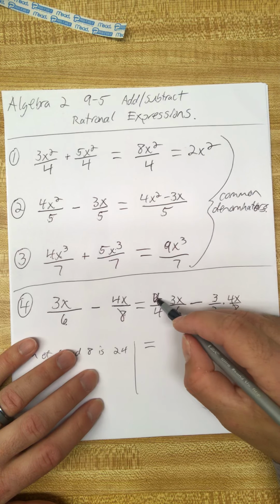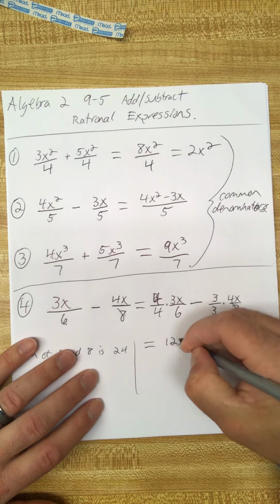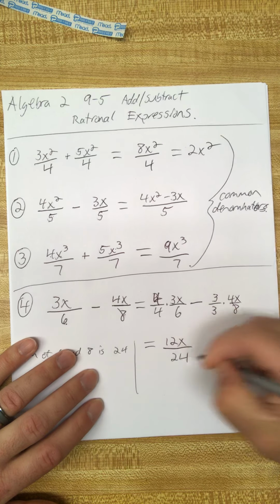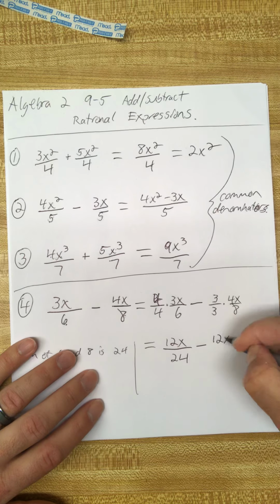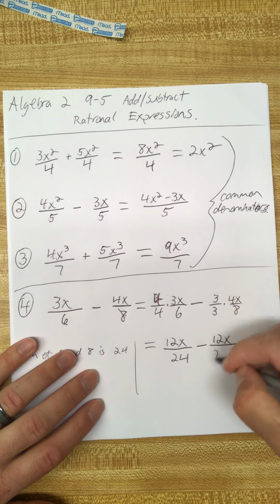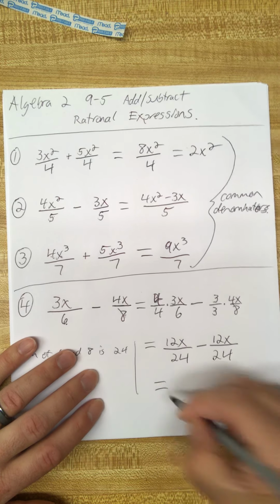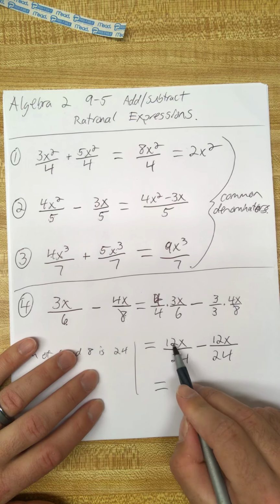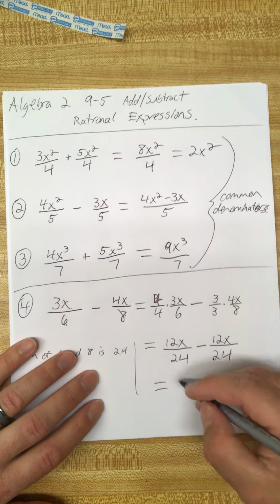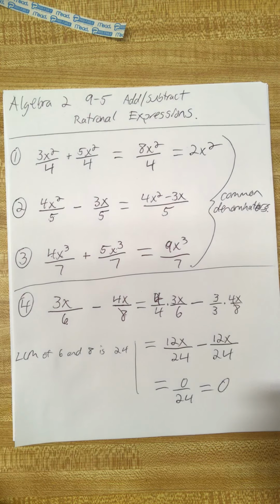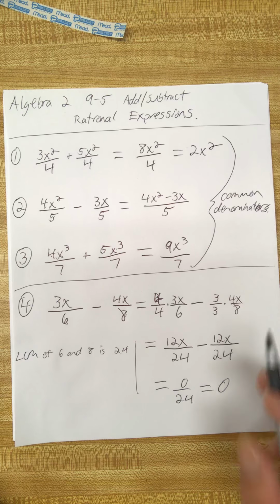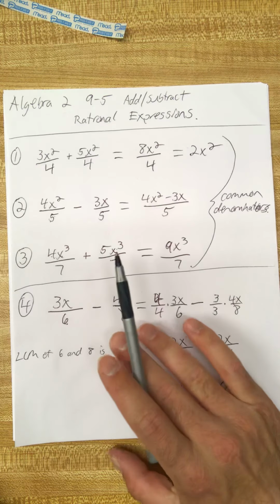So this is going to give me 4 times 3 is 12x divided by 24 minus 3 times 4 is 12. 3 times 8 is 24. This will work out pretty nice here. So I end up with 12x minus 12x is 0 divided by 24. My final answer is just 0. All right. So again, you need to get that common denominator.